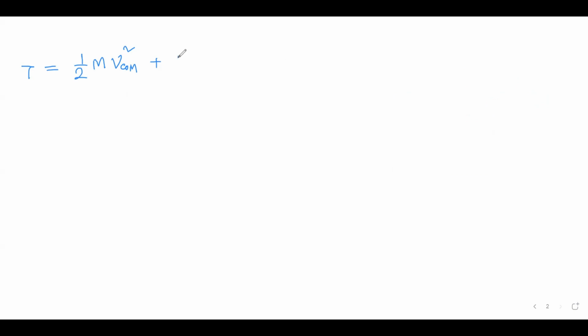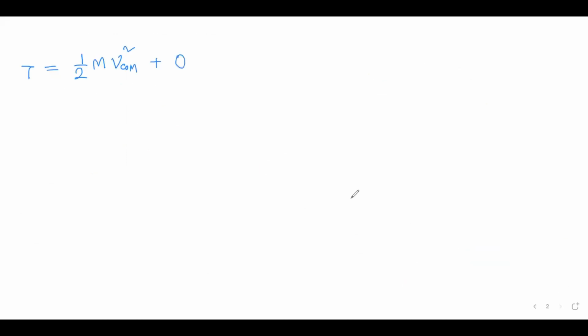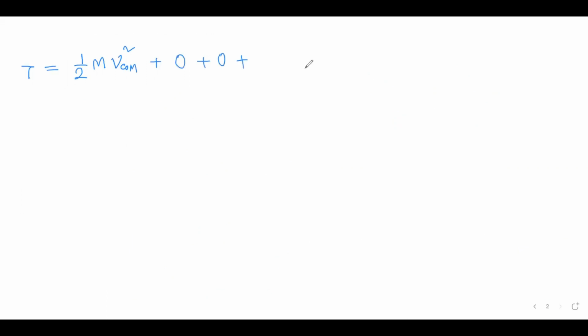Then there will be two such terms, this term and this term, so it will be 0, plus this term. What is this term? This is the sum over i of half mi Vi dash square.